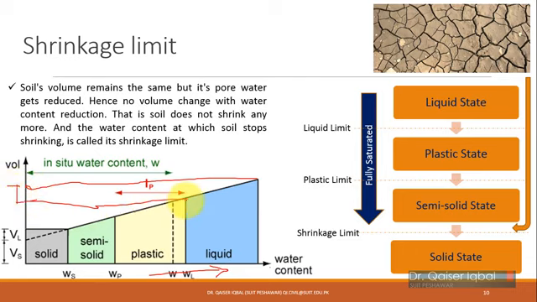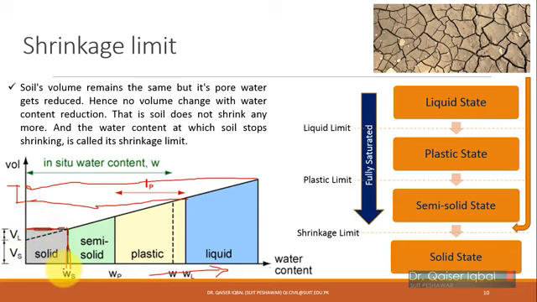In case of plastic and semi-solid, the volume reduced further. But if you reduce below the shrinkage limit, which is over here, if you further reduce the moisture content, the volume will not reduce, the volume will remain constant at this point.